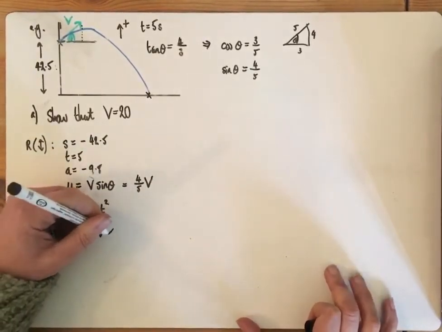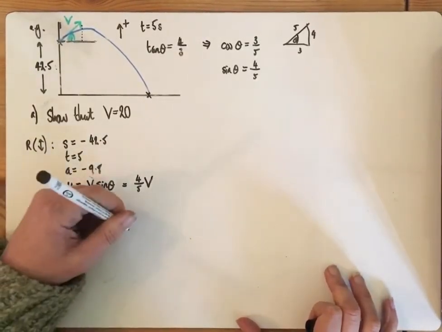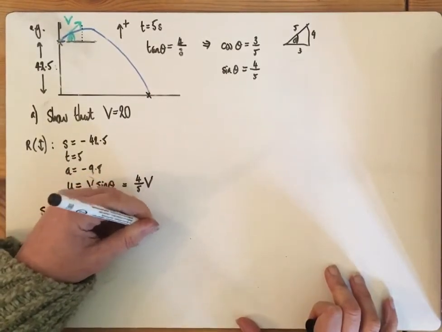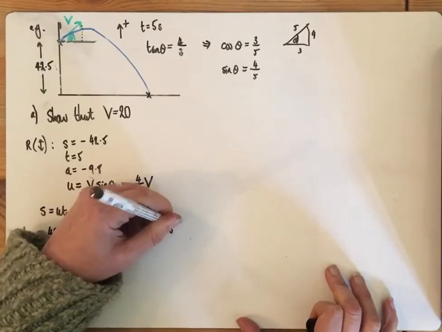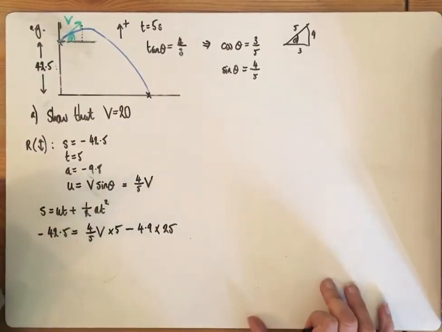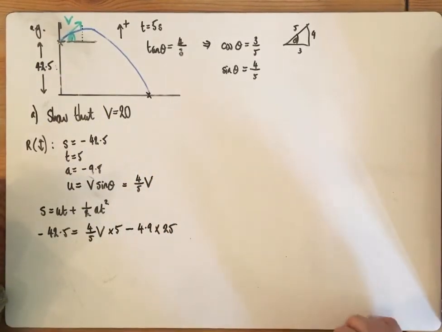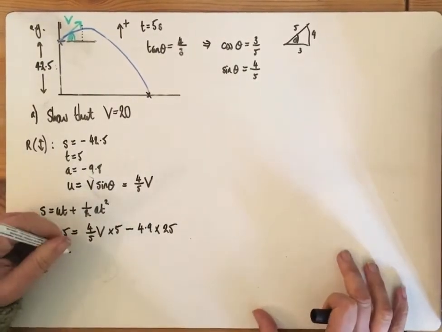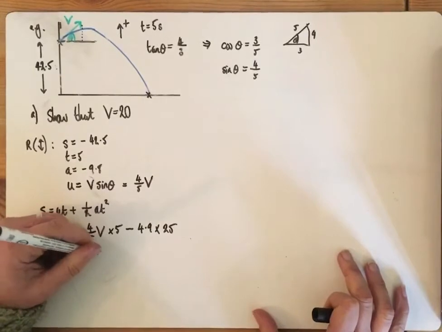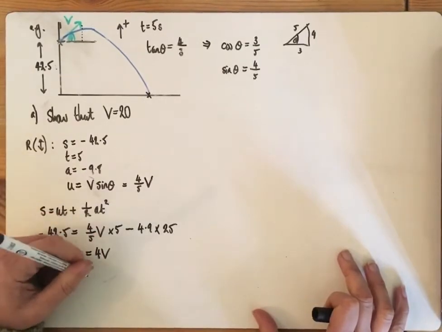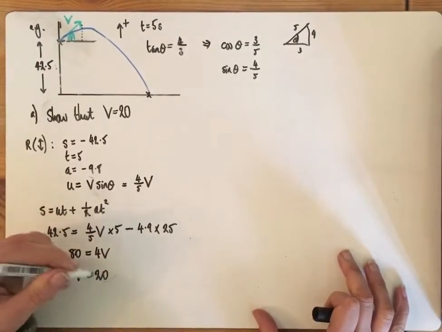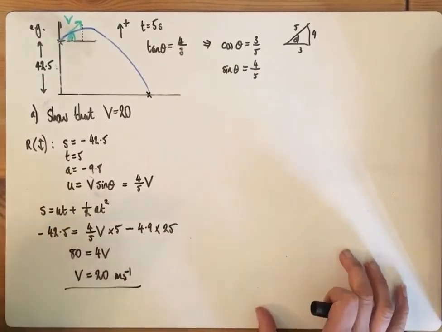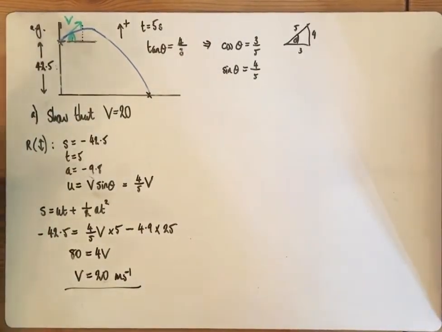T is 5, plus a half A, which is minus 4.9 times 5 squared, which is 25. That gives you, when you just multiply it out, 80 is equal to 4V, and so V is equal to 20 metres per second. So just one that doesn't start from the origin, really.